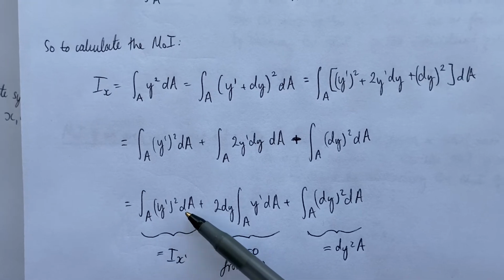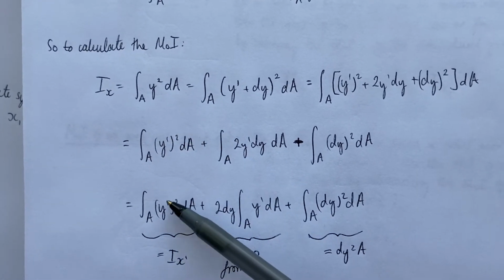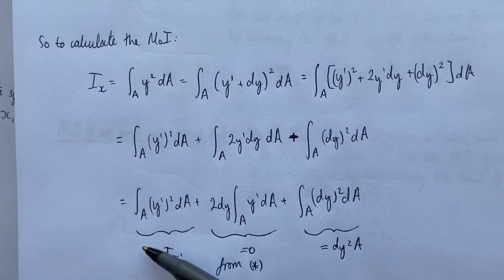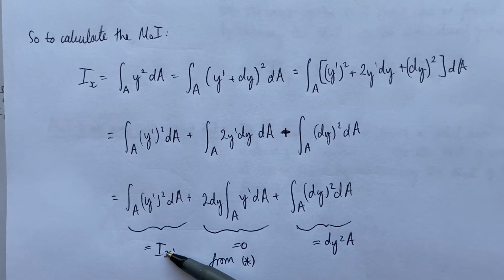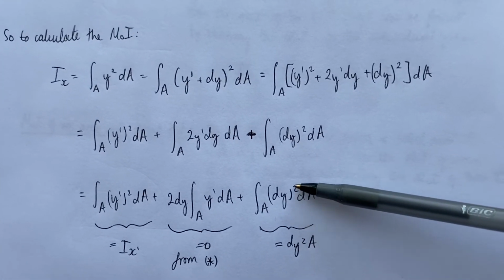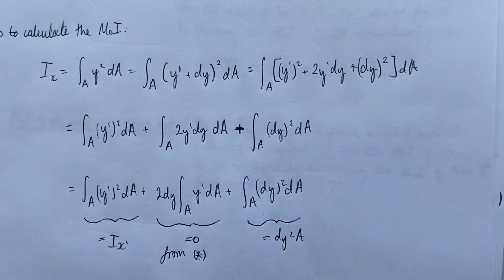So look at this compared to this. All that's different is that I'm dealing with y dashes instead of y. So this is my moment of inertia about the x dash coordinate system. And then this is just the integral of a constant with respect to a, right? So I just get dy squared a.